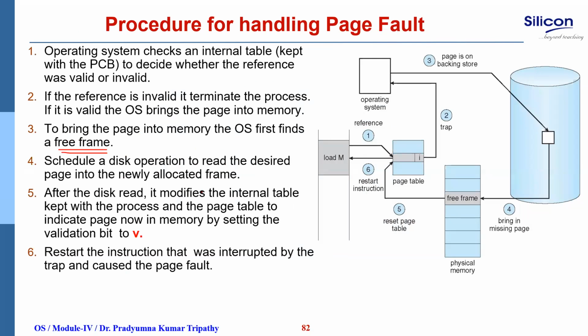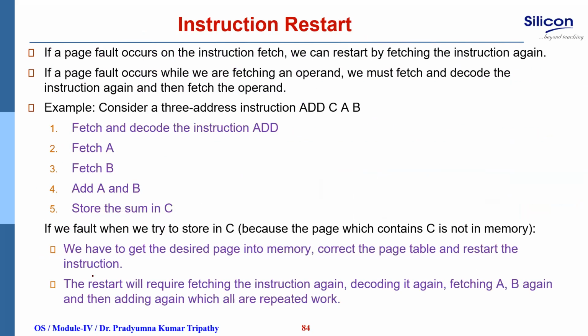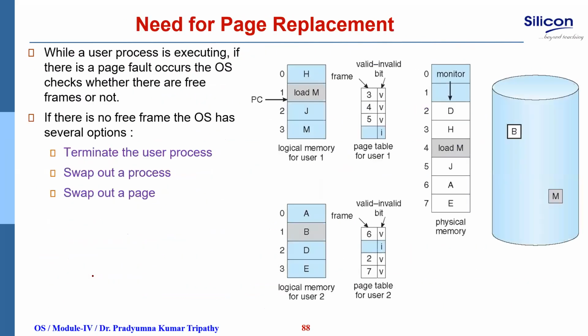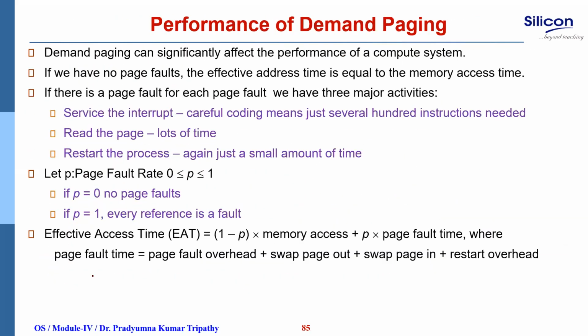Remember in simple terms that whenever a page fault occurs, the processor brings the requested page from the disk and sets it to a valid page. The rest of the things we will read in the next class: the page replacement algorithm and other problems.